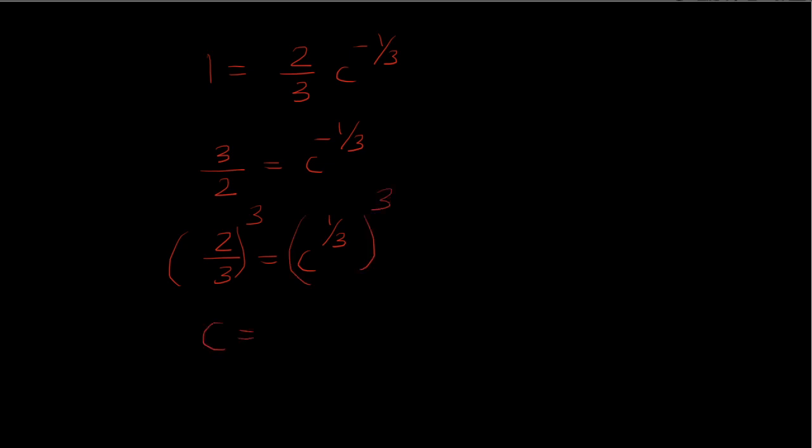So I get c is 8 over 27. Now, whenever we find c, we should always make sure it's in the interval. Our interval was between 0 and 1, and 8 over 27 is definitely in that interval. So 8 over 27 is our answer.